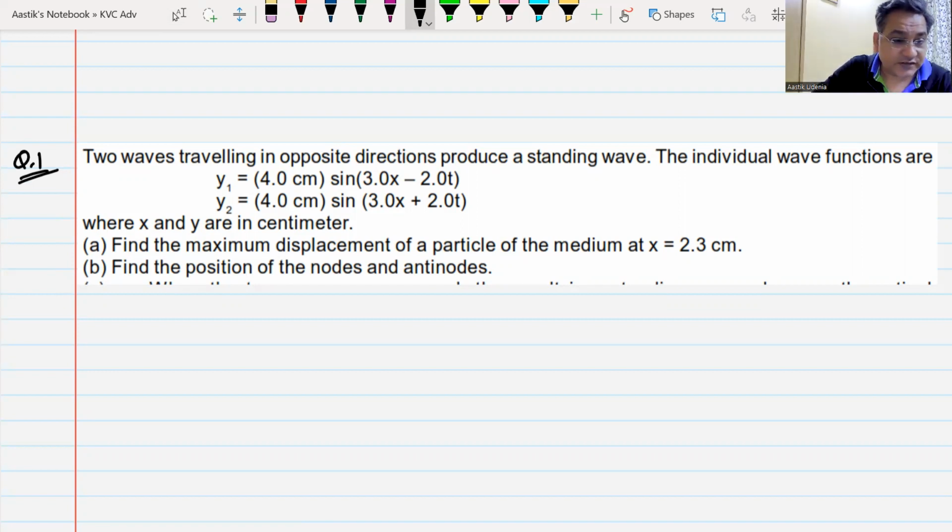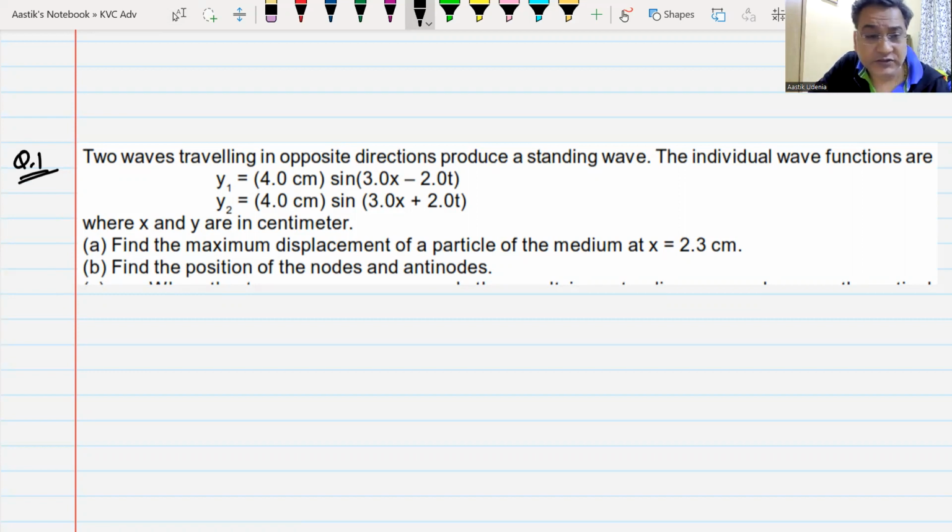The next question will be the opposite of this. What do you mean by opposite of this question? Tell me. Means the standing wave is given, and the individual waves are to be found. Yeah, the standing wave is given and you have to find out the individual waves.